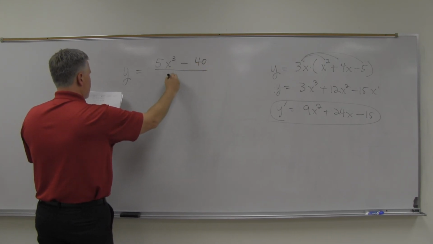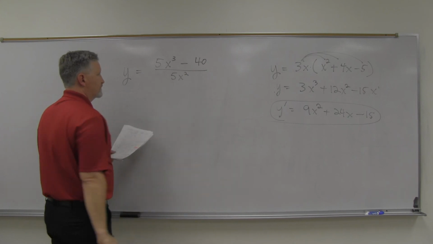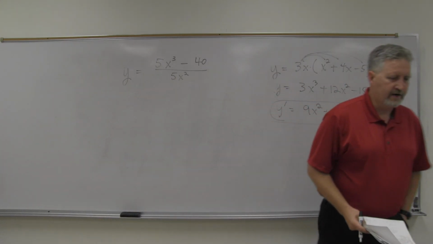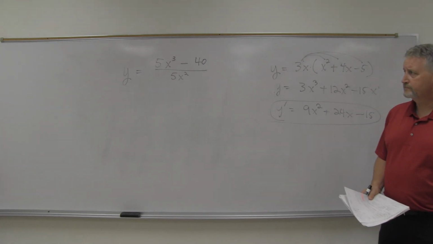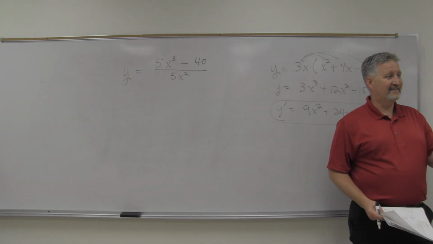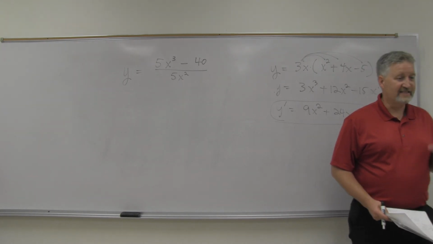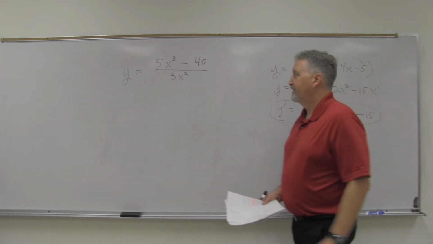Let's divide that by 5x squared. 5x cubed minus 40 divided by 5x squared, okay. Well, divide, you can't do the derivative divided by derivative. It just doesn't work that way, unfortunately.